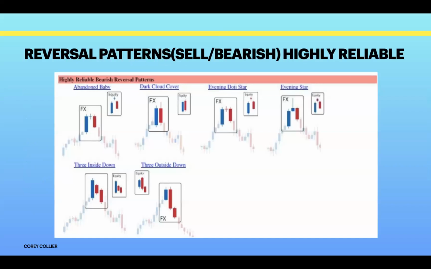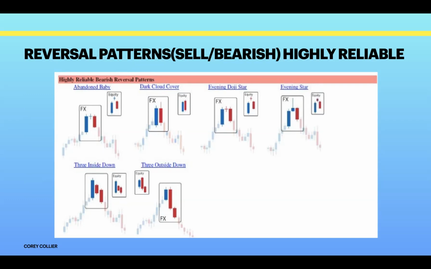So here are some patterns that are highly reliable when you go to sell. Okay, so this would be the C point on a downtrend. They're called different things. I don't expect you guys to know every single one of these.